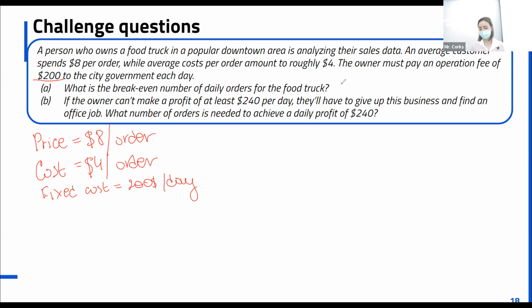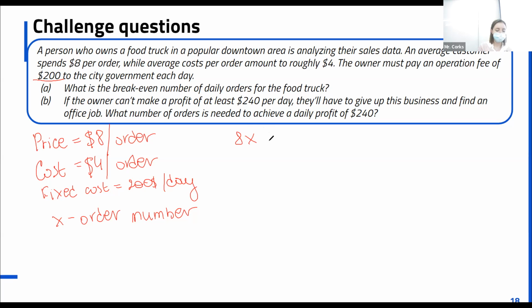So to illustrate this from algebra, let me write the equation. So let's x be the order number. So 8x is his revenue from the sales he makes.